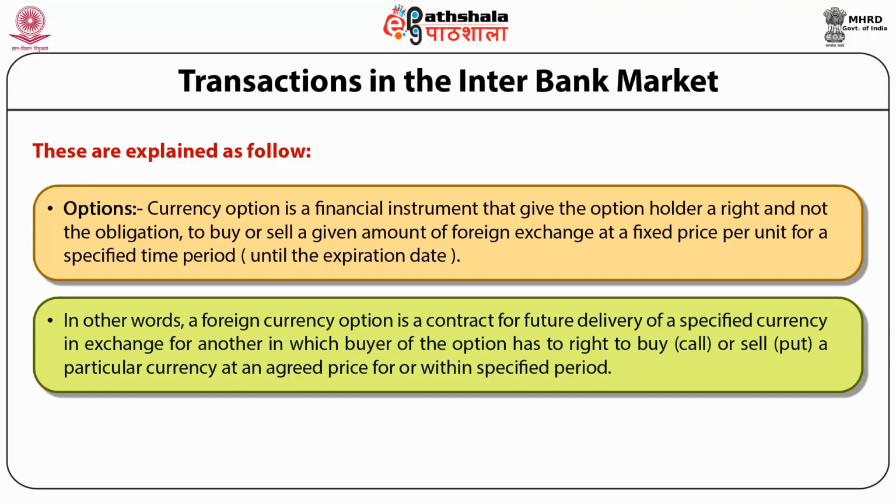Or in other words, a foreign currency option is a contract for future delivery of a specified currency in exchange for another currency, in which the buyer of the option has the right to buy, which is called a call, or sell, known as a put, a particular currency at an agreed price for or within a specified period.